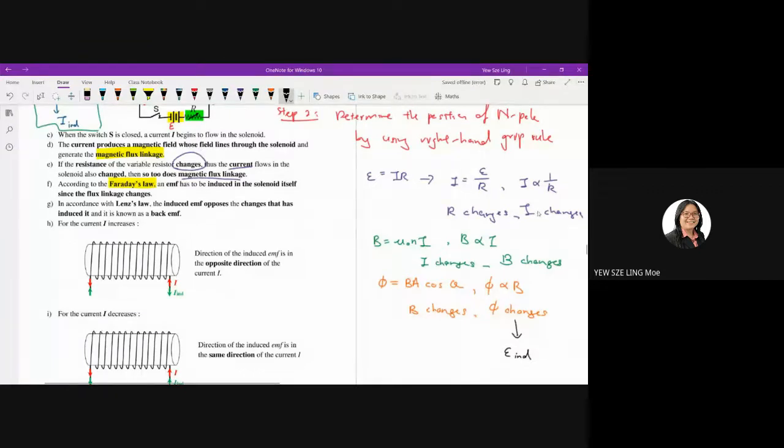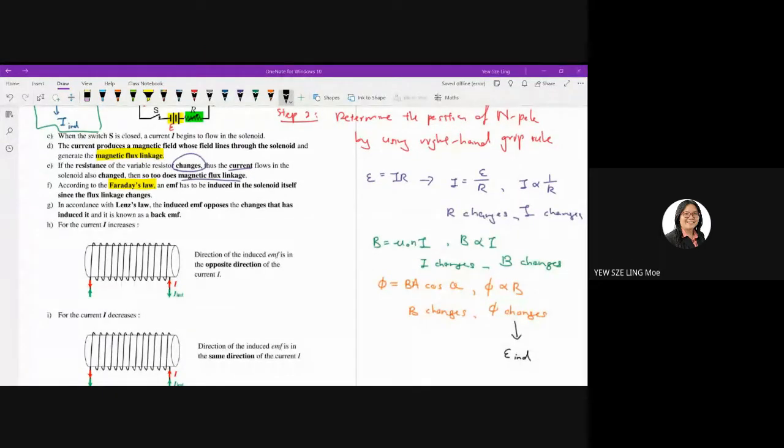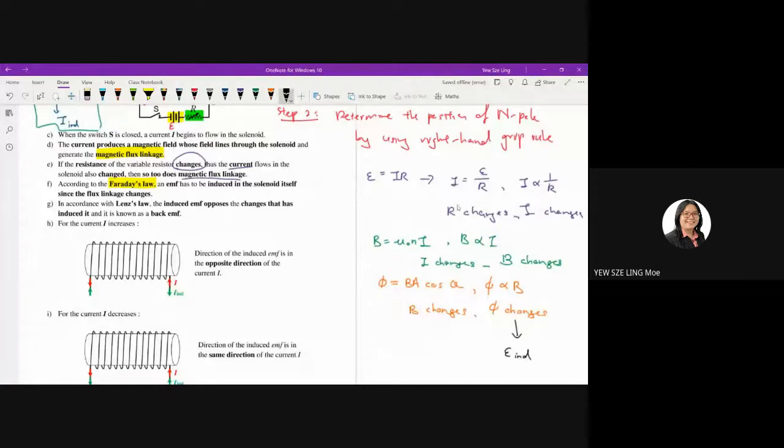So change in current, why? Because of the change in R. You're using a variable resistor. A variable resistor means that the value is not fixed. You can change it, you can manipulate it. So change R, it leads to I changing. Now I changes, it leads to the change in B. B changes, now you have the change in magnetic flux. And according to Faraday's law, whenever there's a change of magnetic flux, you have induced EMF.